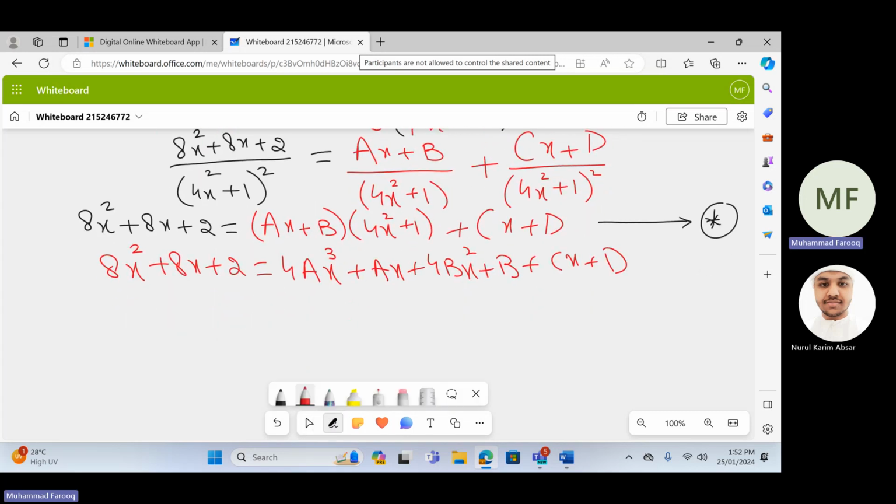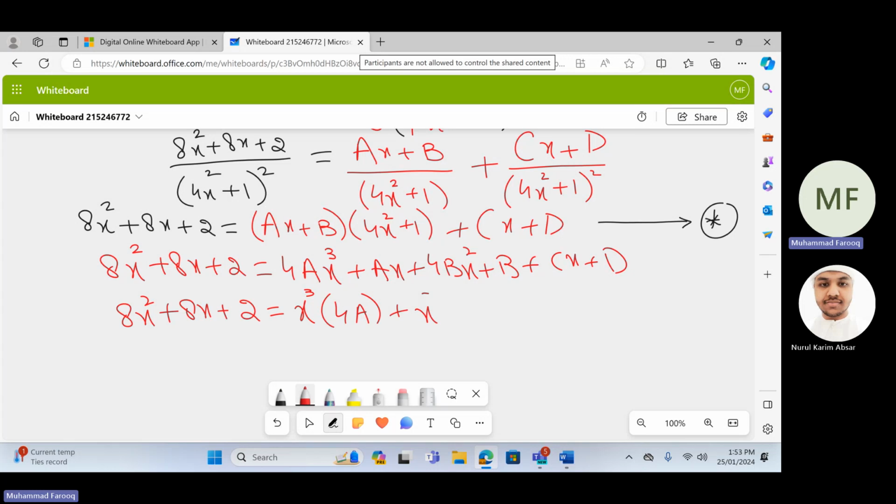For the next step, as we did last class, we have to arrange the star equation in order, highest degree first, in descending order. So 8x squared plus 8x plus 2 is equal to: what is the highest degree here? X to the power 3. Which coefficient is with x cubed? Only 4a.